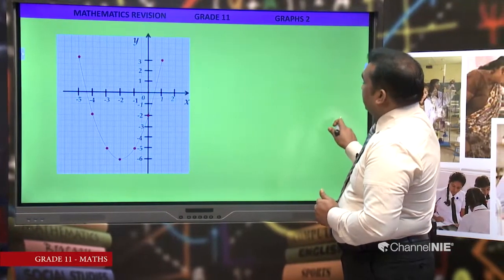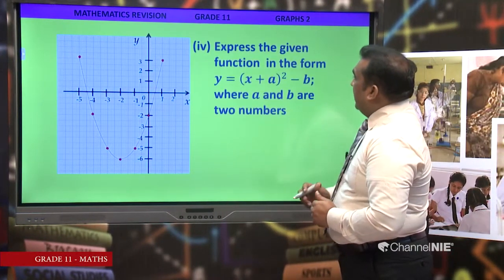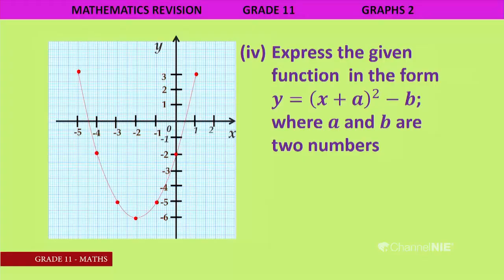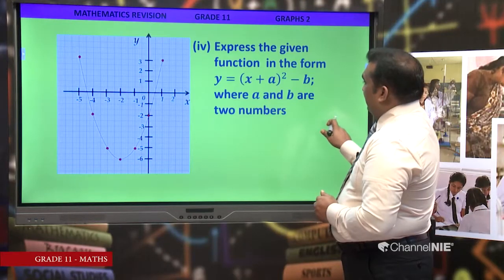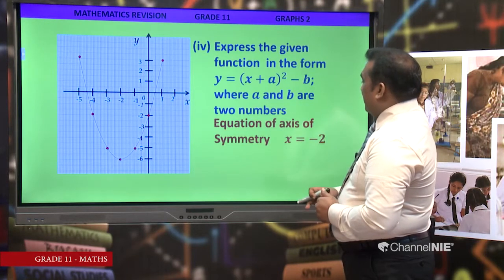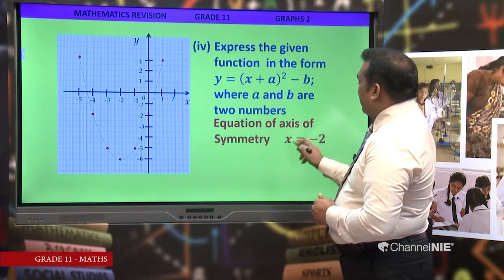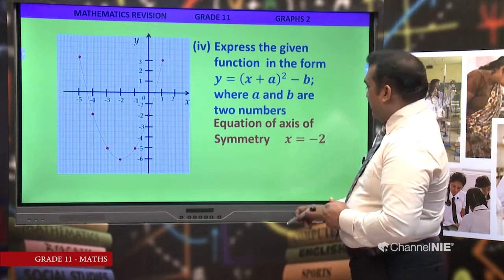Next one. Express the given function in the form y equals (x plus a) squared minus b, where a and b are real numbers. Equation of axis of symmetry, x equals -2.